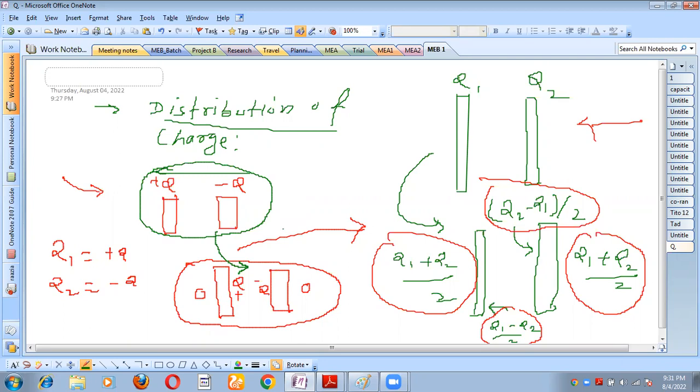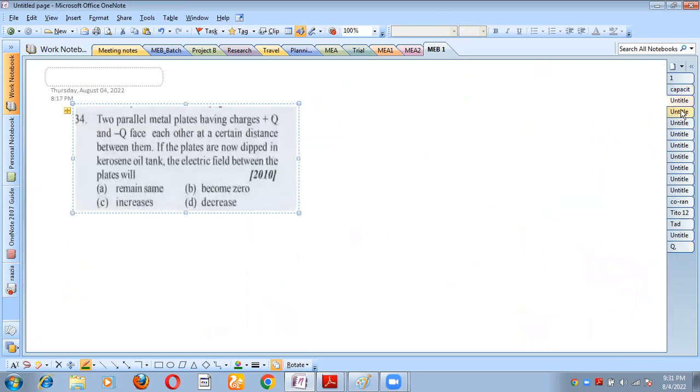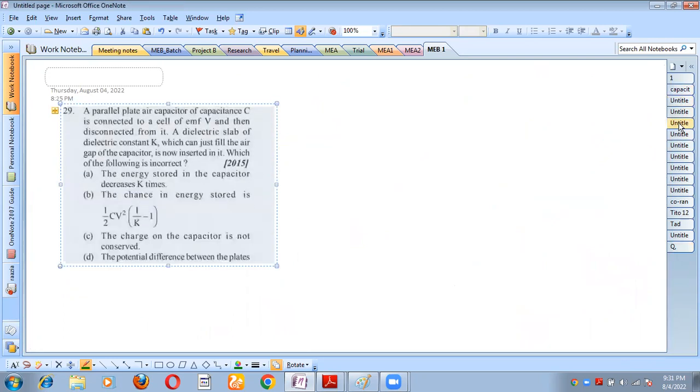No, sir. Okay. So first we will do a JEE Main question based on this, then we will move forward. So let us do one JEE question based on redistribution of charges.